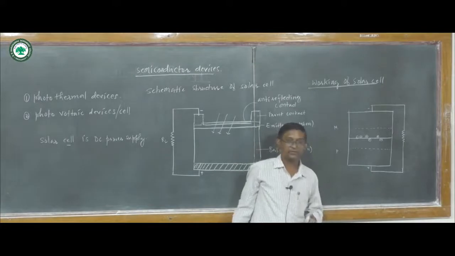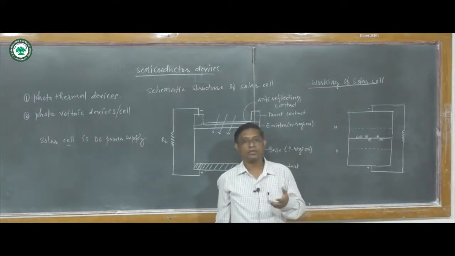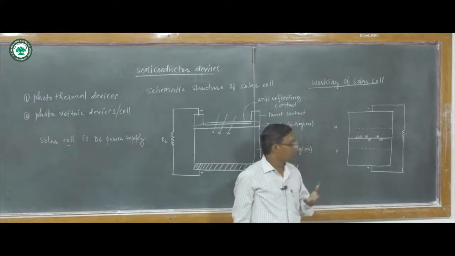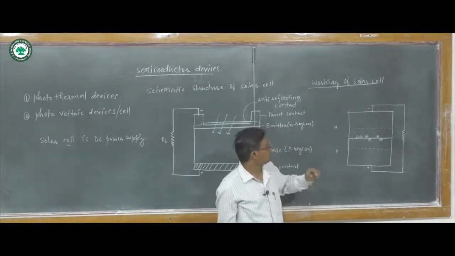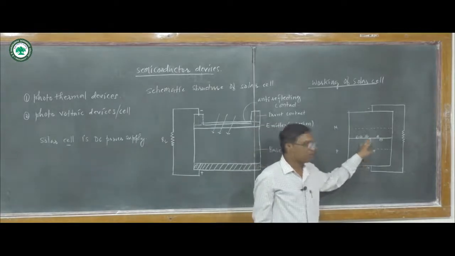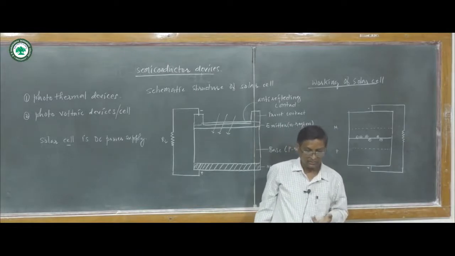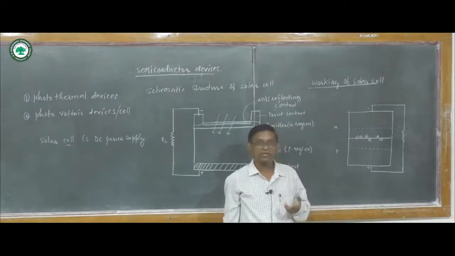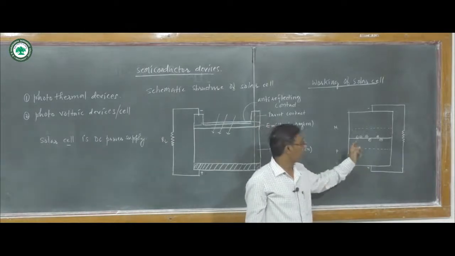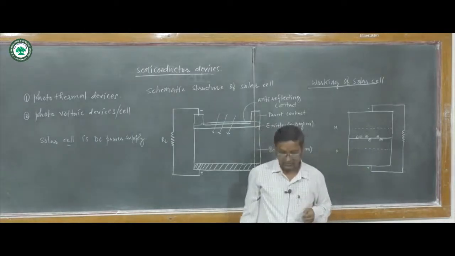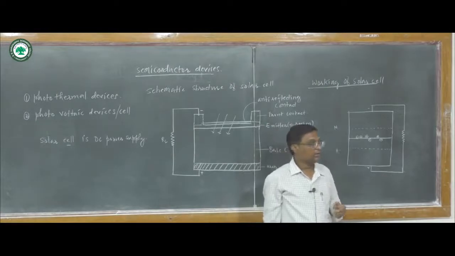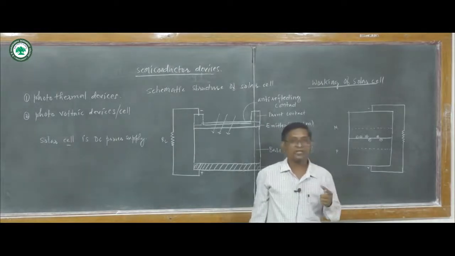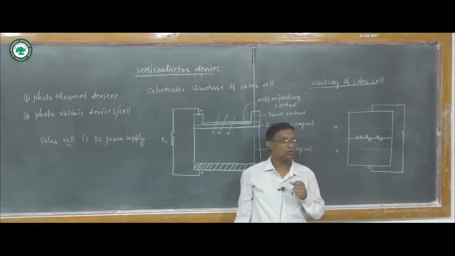This happens when the energy in the depletion layer becomes more than the energy band gap of the material used to fabricate this solar cell, and then there is a formation of the electron and hole pairs.